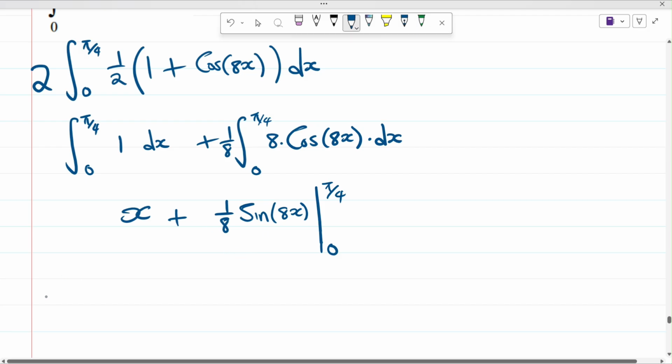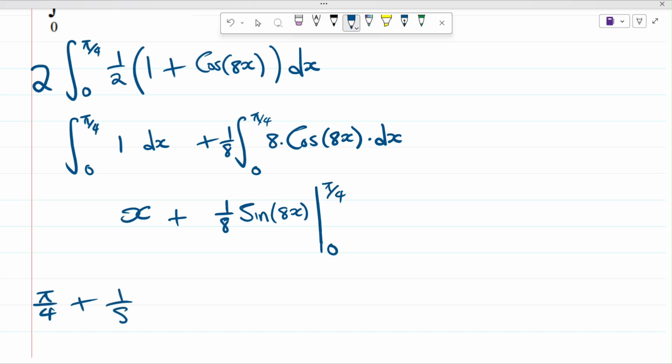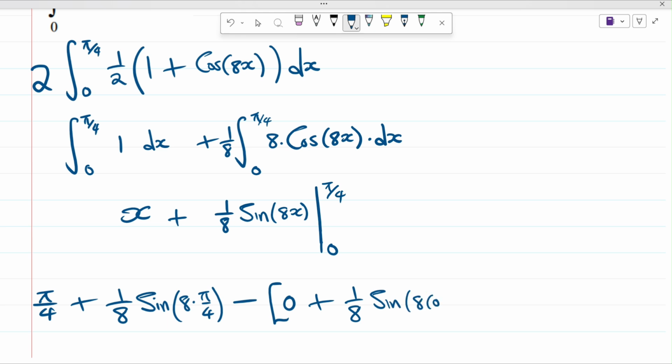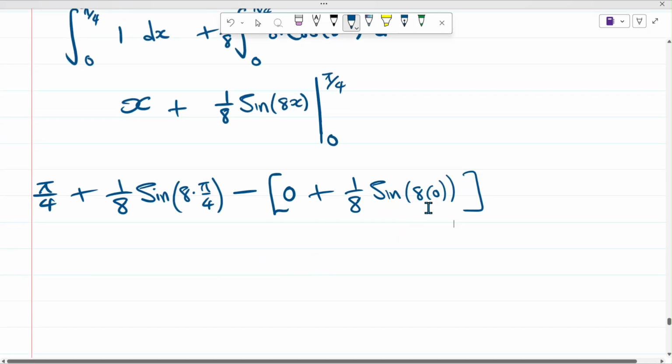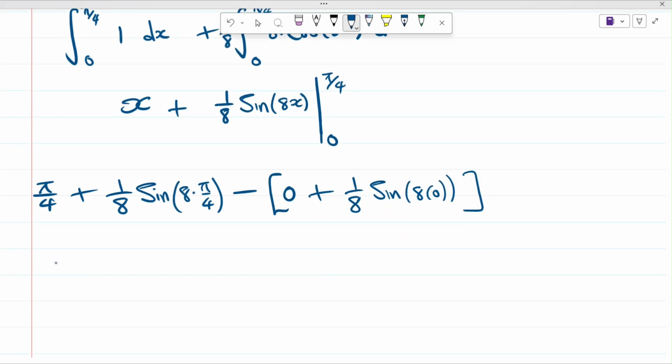Then from here we substitute. This is going to be pi over 4 plus 1/8 sine 8 multiplied by pi over 4, minus 0 plus 1/8 multiplied by sine of 8 into 0. Then you close, then you substitute. Everything here is going to be 0 because sine 0 is 0.